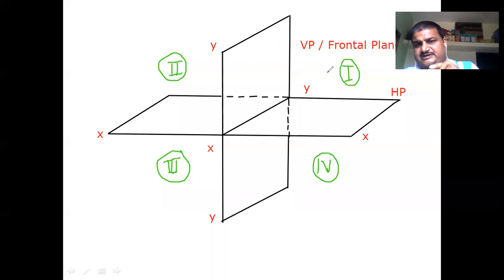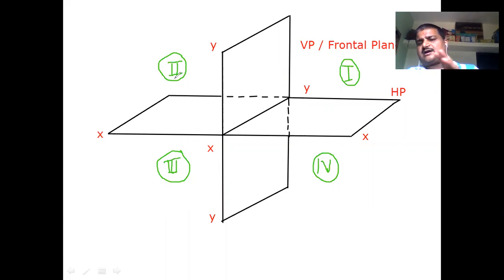When you keep the object in front of VP and above HP, then that object will be in first angle projection method. And when you keep the object below HP and behind VP, then that particular object will lie in the third quadrant. Okay, so here is the third quadrant.